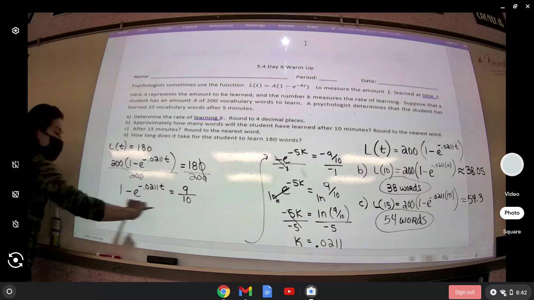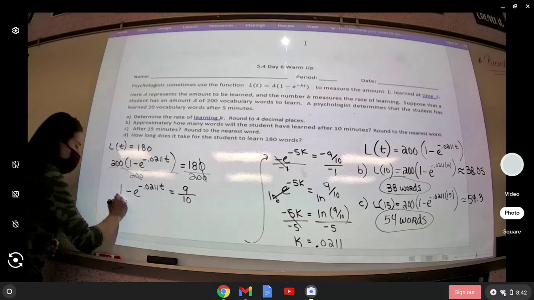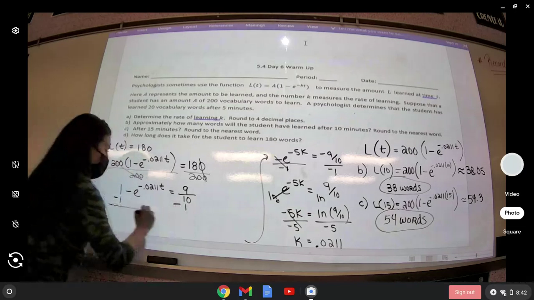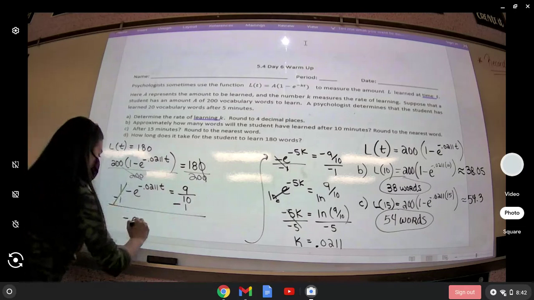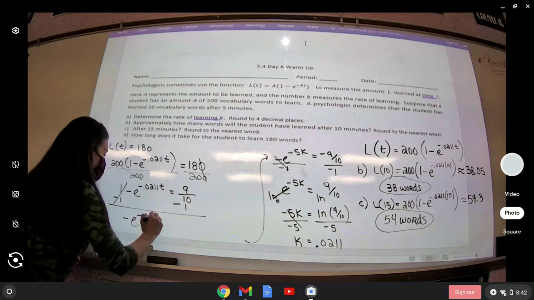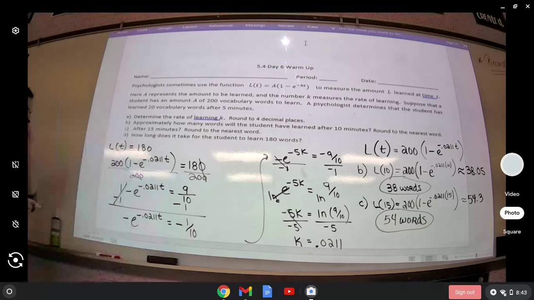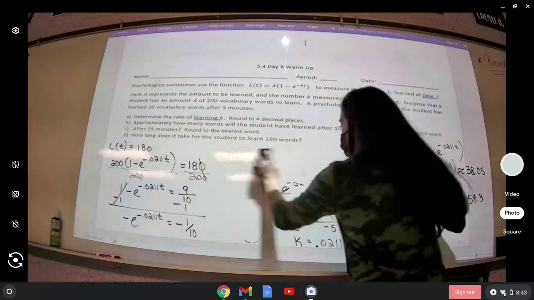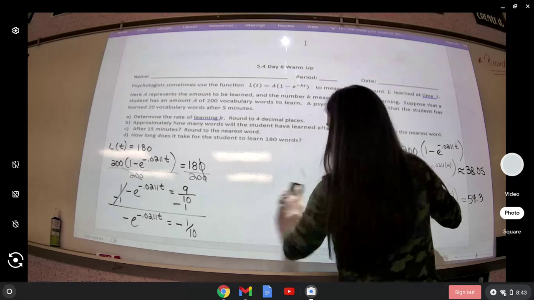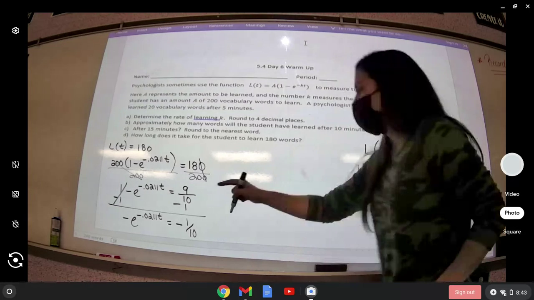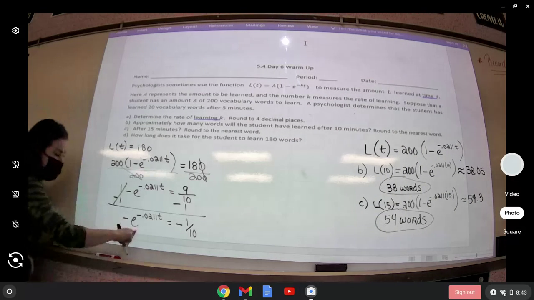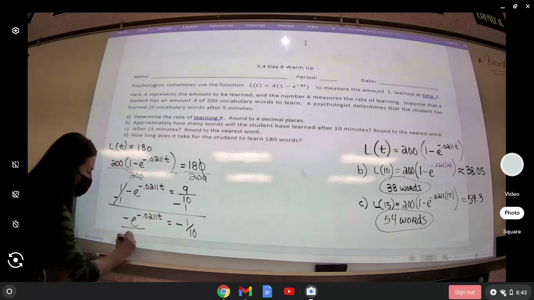All right, let's work to get this exponential by itself. Let's minus 1. Right, equals negative 1/10 or negative 0.1. All right, let's divide by this negative 1 in front, because again, it's not what that exponent is on.